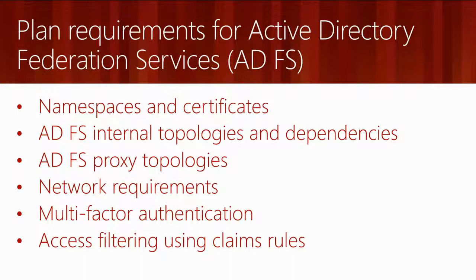Now, when you have a farm, you have multiple machines with multiple names, and we come again to the certificate issue, because there has to be a certificate representing all servers in the farm. So what type of certificate do we need here? We need a subject alternative name certificate, which will represent all the members of the farm.